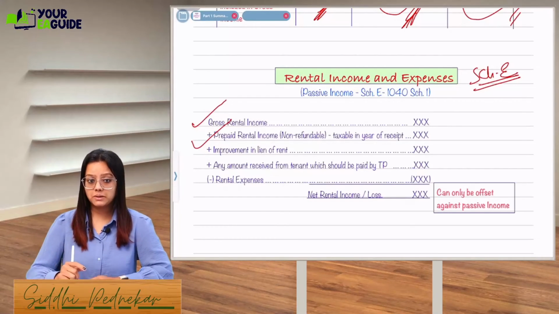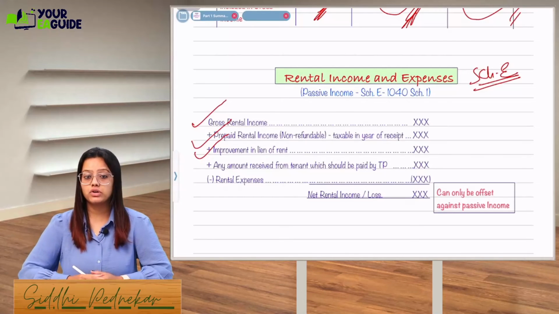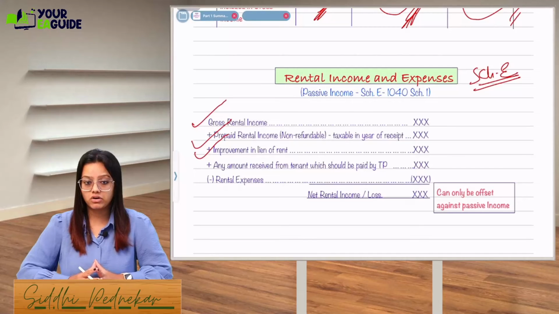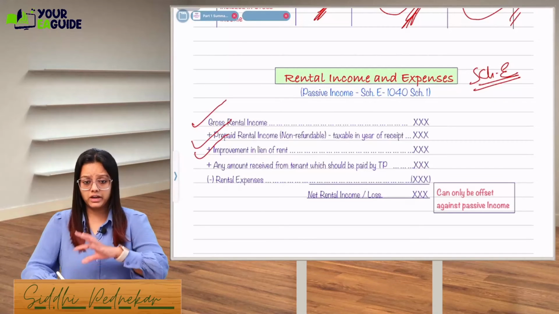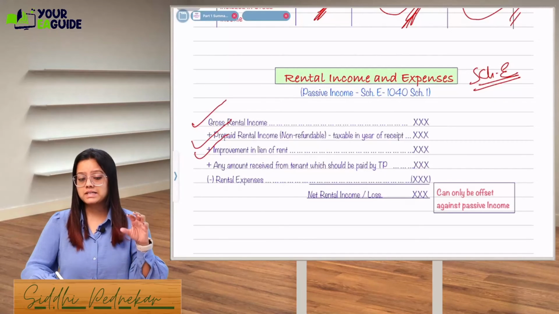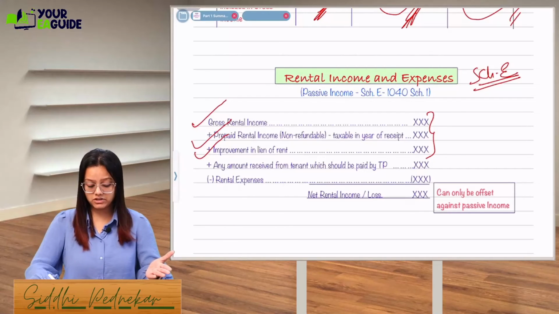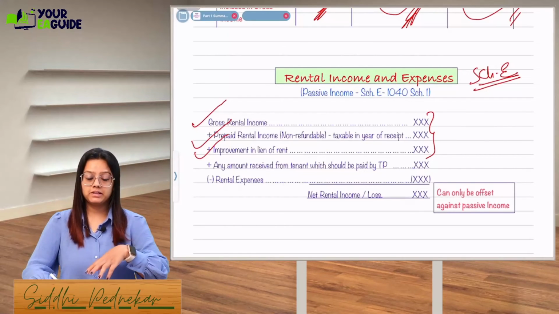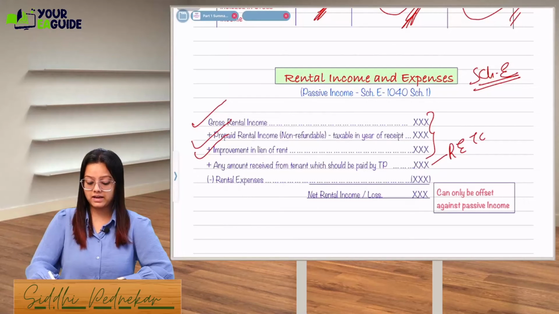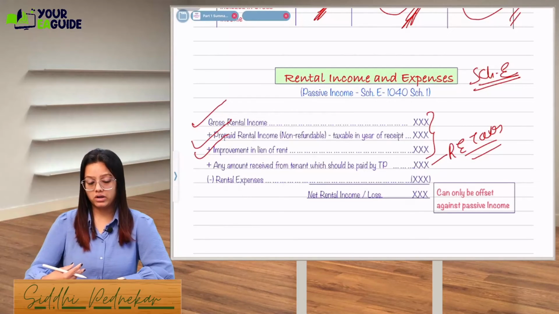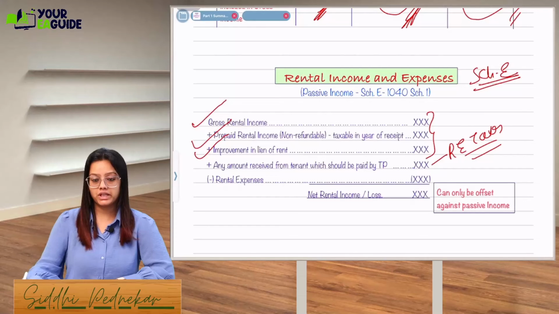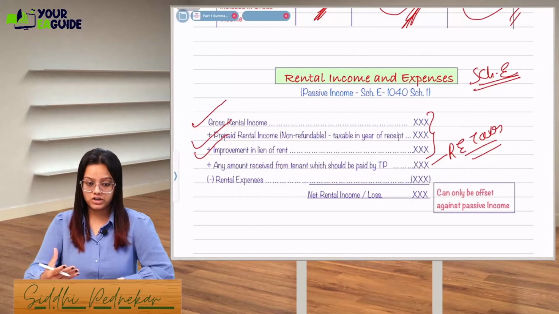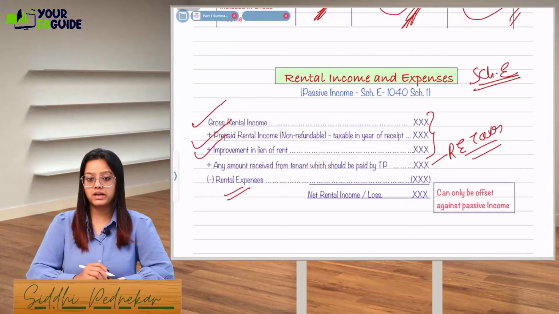Meaning if a person, instead of paying you rent, makes some improvements at your home, those improvements instead of rent will also be considered rental income. Any amount that the tenant pays which should be paid by the owner, let's say real estate taxes, which should be paid by the owner but are now paid by the person living in the house, right? So all the real estate taxes will be added as income first, and then from the rental expense it will get reduced.